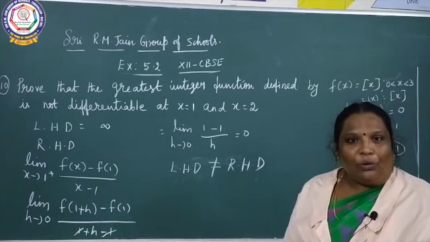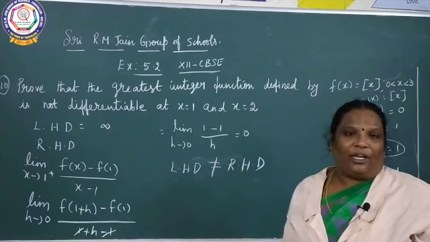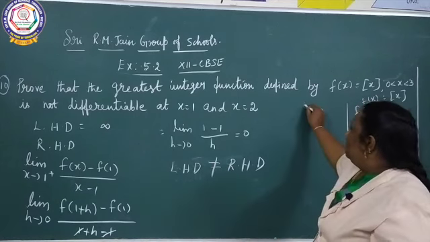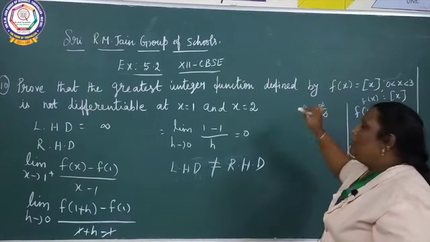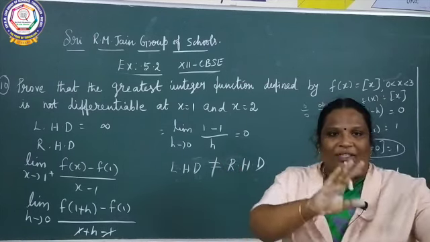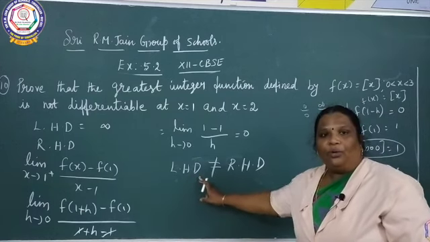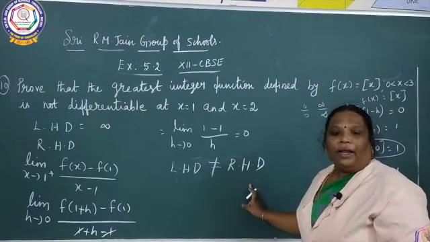Okay, you don't do like this. If it is 1 minus 1, 0 by any number is 0, you can write straight away. You don't write 0 by 0 form, infinity by infinity form, those are all indeterminate. This is different, that is different. Okay, see here, left hand derivative is not equal to right hand derivative.